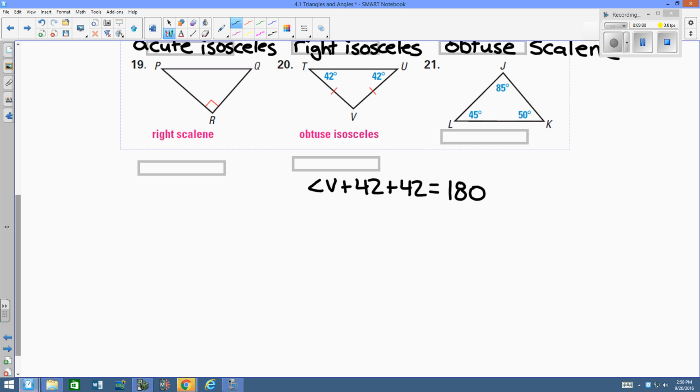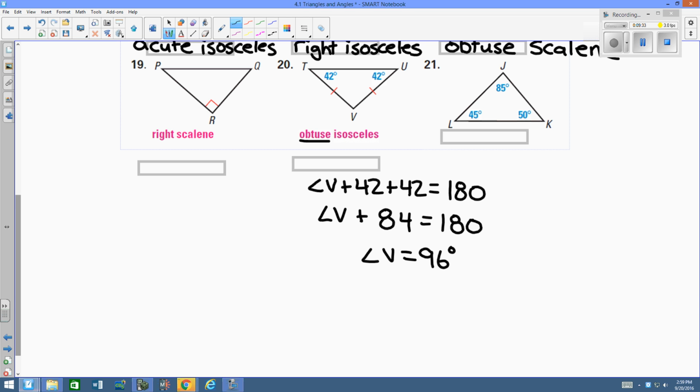If you add these up, we would get 84. And if we subtract 84 on both sides, we get angle V equals 96, hopefully. Which is more than 90, which would make it an obtuse isosceles.